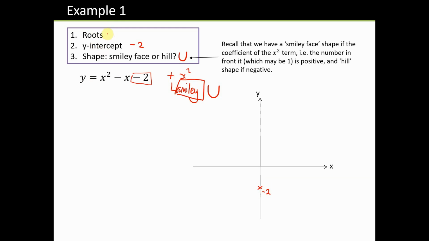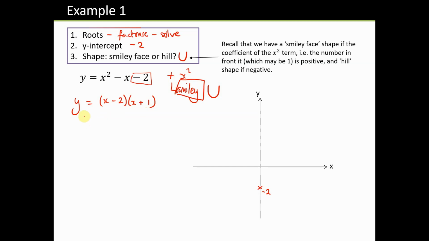And then for our roots, we need to factorize, then solve, which is what we've just been practicing. If I factorize this into two brackets, I'm going to have x minus 2, x plus 1.